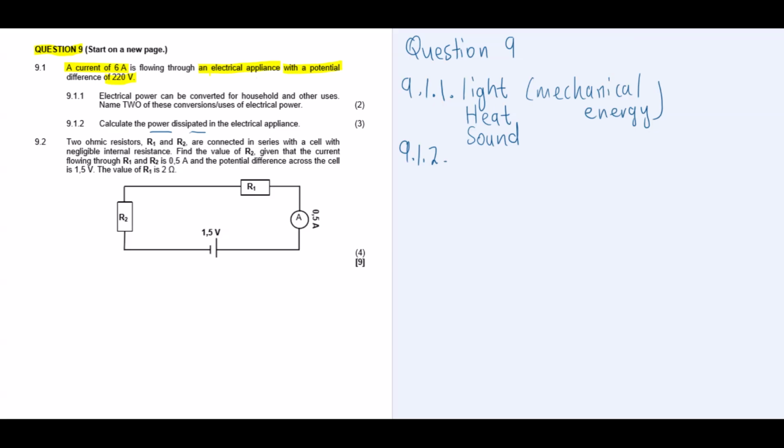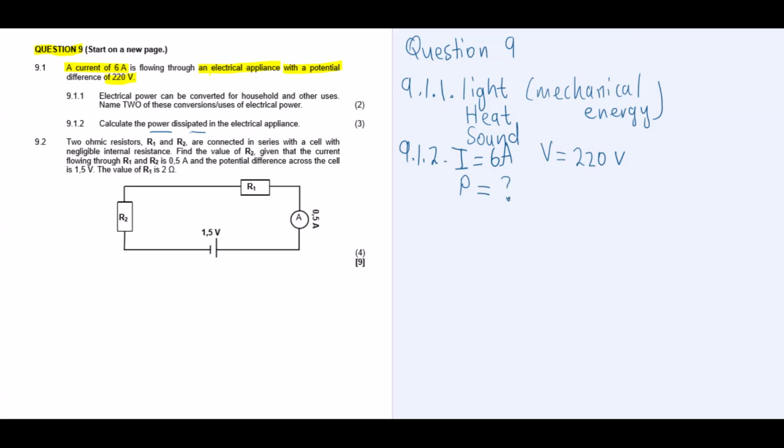9.1.2, calculate the power dissipated in the electrical appliance. So we do have the current here, which is 6 A, and we also have the voltage, which is 220 volts. Now they want us to calculate the power.